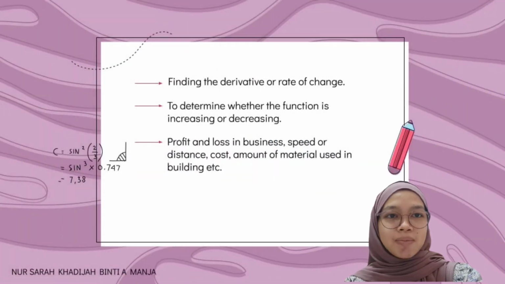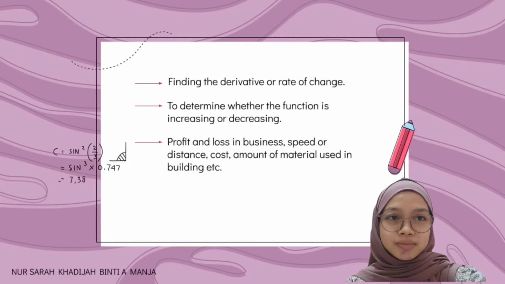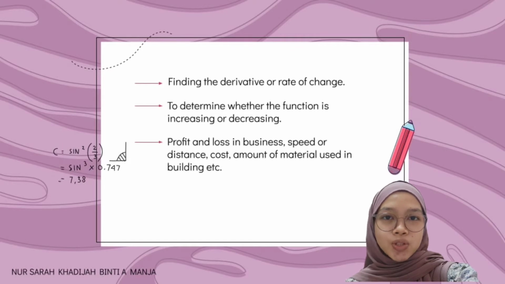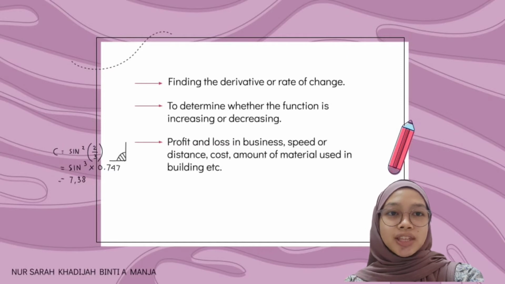So the next is application of differentiation. What is differentiation? It is a process of finding a function that outputs the rate of change of one variable to another variable. We use differentiation to determine whether the function is increasing or decreasing. We can know that the function is increasing because the derivative is always positive.